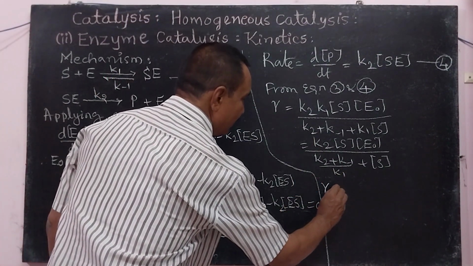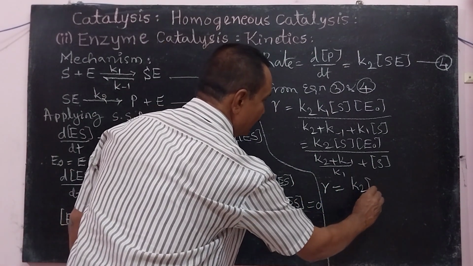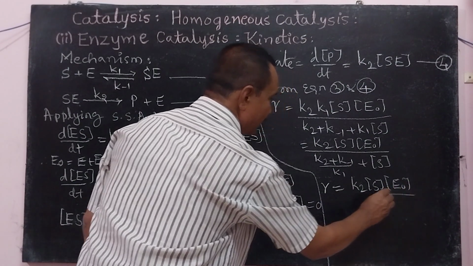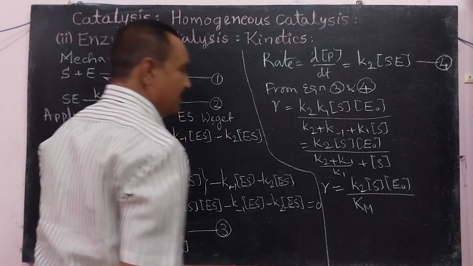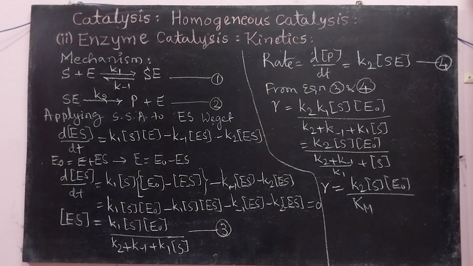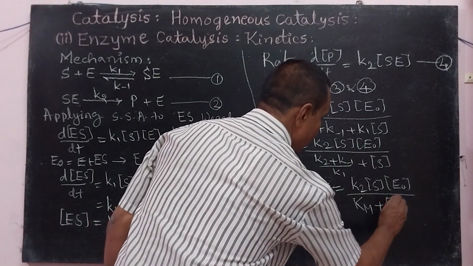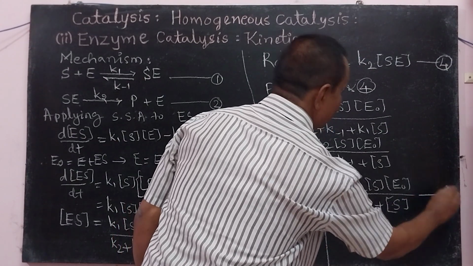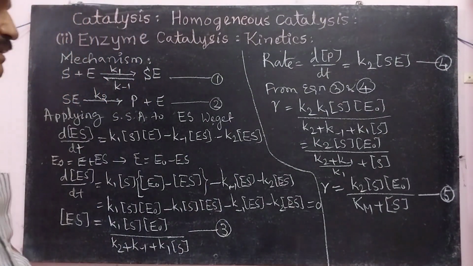Thus we may write rate equal to K2 into concentration of S into concentration of E0, divided by, we may substitute by another constant Km, K2 plus K minus 1 divided by K1 equal to Km, plus concentration of S. This equation is known as the Michaelis-Menten equation.